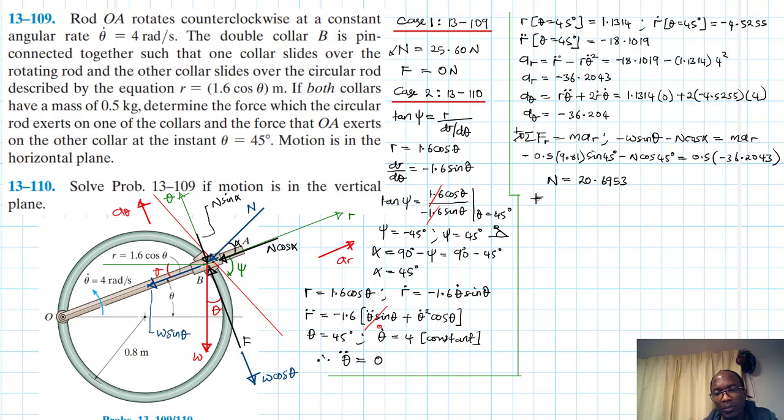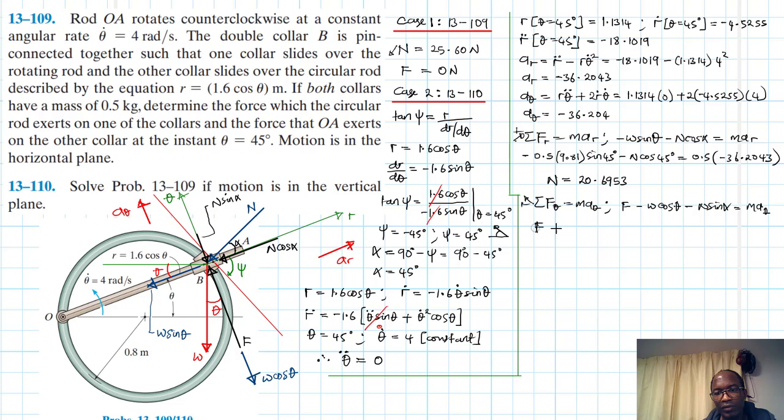Alright, so let's apply the other equation, the summation of forces in the theta direction, going in this direction being our positive reference. So we have F minus W cos theta minus N sine alpha equal to m a theta.